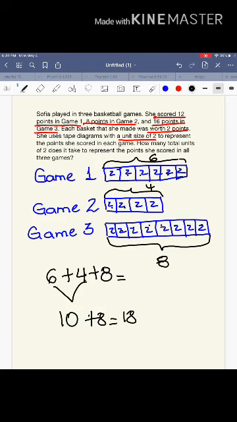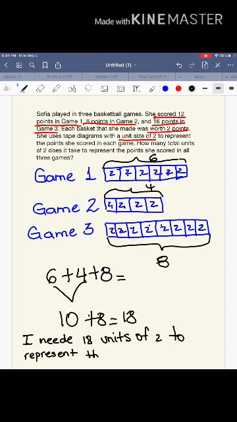So my answer would be, I needed 18 units of 2 to represent the points. Okay, see, easy peasy.